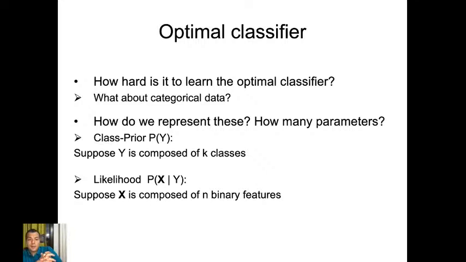So X is, let's say, composed of n binary features. So we are simplifying the problem even more. So we're not talking about categories, we're talking about the number of features, which is binary. So X is binary. So let's assume this simplified case. We have k classes and we have feature vectors with n binary features.